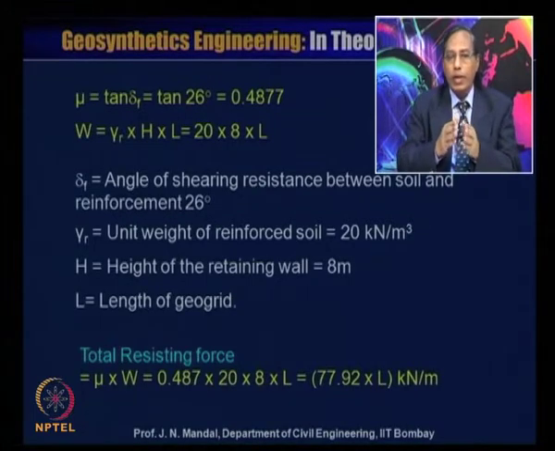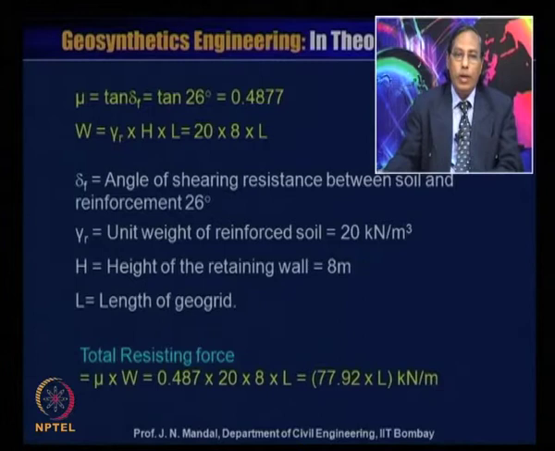So the total resisting force is equal to mu into W, that means mu value is 0.487 into W, which is 20 into 8 into L. 20 is the unit weight of the reinforced soil, 8 is the height, and L is the length. So we are keeping the total resisting force in terms of the length. That will be 77.92 into L kilonewton per meter.